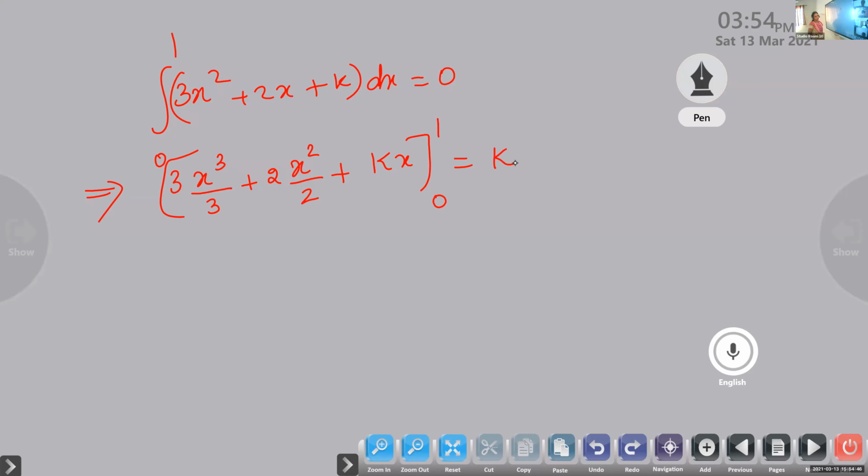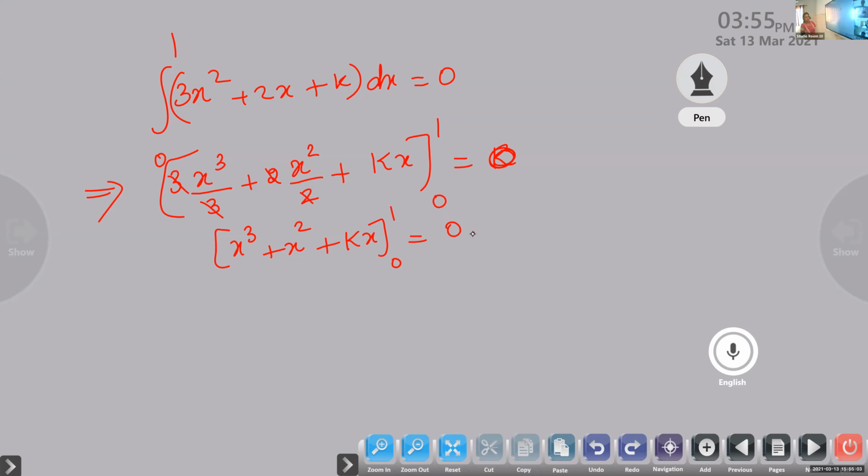You have to find k. Here 3 will get cancelled, 2 will get cancelled. So we get x cube plus x square plus kx within the limit 0 to 1 is 0.